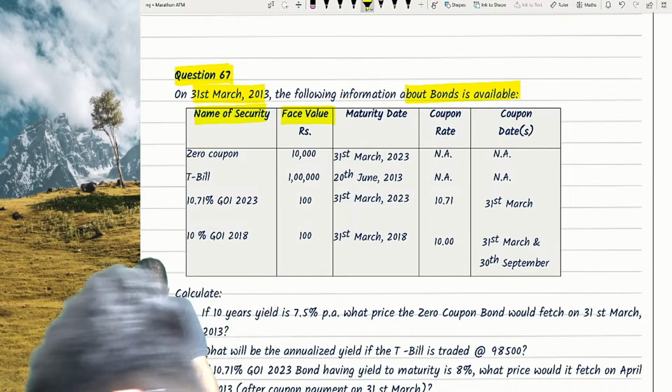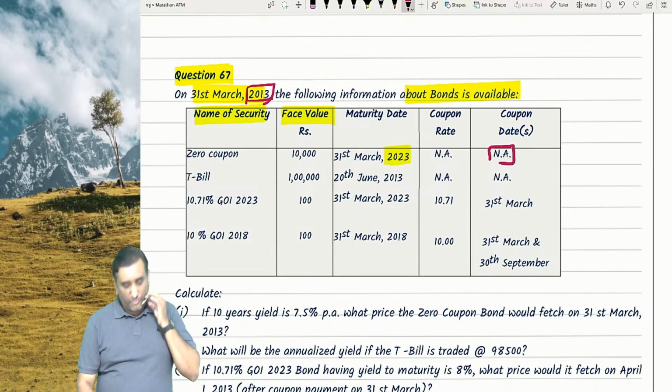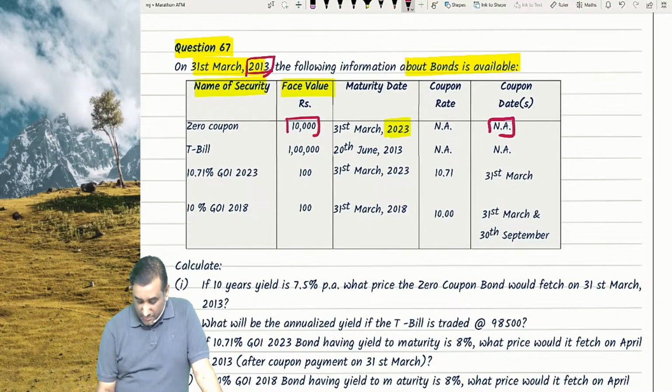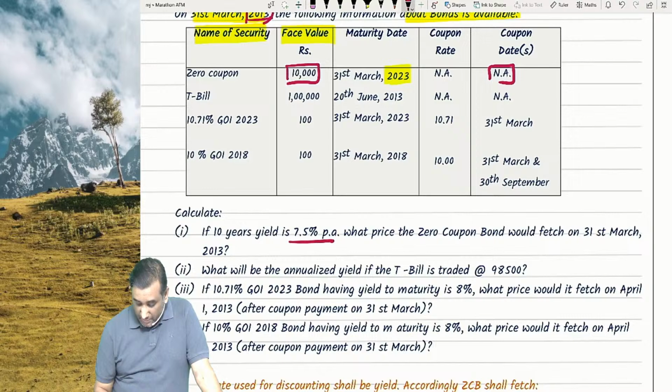You have the first bond, whose maturity date is 2023, and you are standing in March 2013, and it's a zero coupon. Zero coupon is nothing but issued at a discount, redeemable at par value. Face value 10,000 would be the redemption value. If the 10 year yield is 7.5% per annum, what price would the zero coupon bond fetch on 31st March 2013?